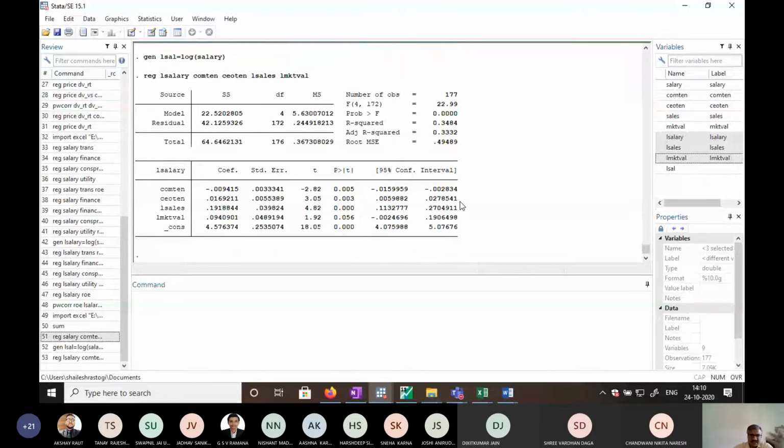So keeping these three things in mind, we have got a greater number of significant variables. I repeat, whenever we have to compare models, these three are always standard: first, the number of significant coefficient terms; second, adjusted R square; third, standard error of regression. These three are always compared when we are comparing models.